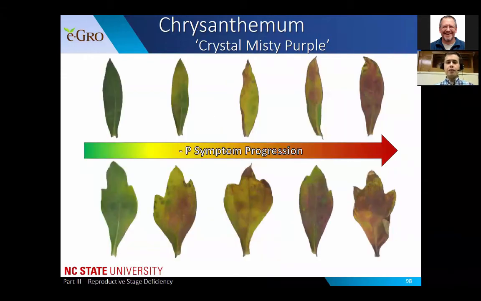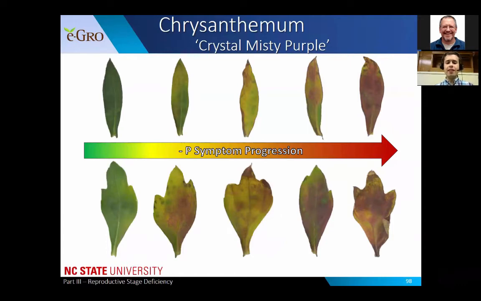And here for Crystal Misty Purple, here is the symptom progression. You can see the leaves on the left are green and healthy, going toward deeper red and more necrosis on the right. So you can see that we had a huge variety of symptoms ranging from simply chlorosis to chlorosis and reddening, and chlorosis, reddening, and green leaf spots, especially if you look at that lower leaf that is second from the left.